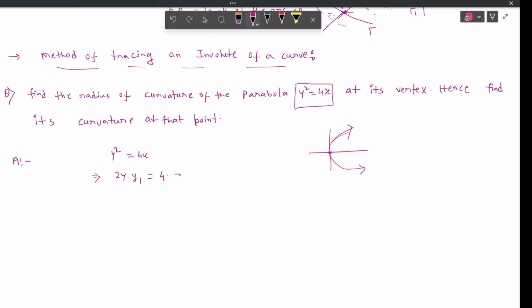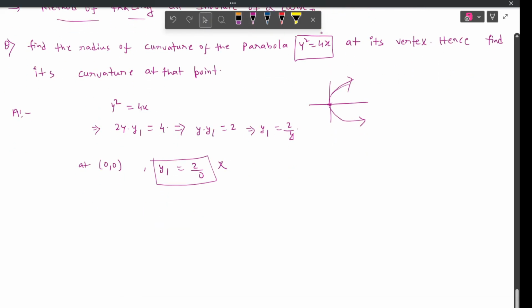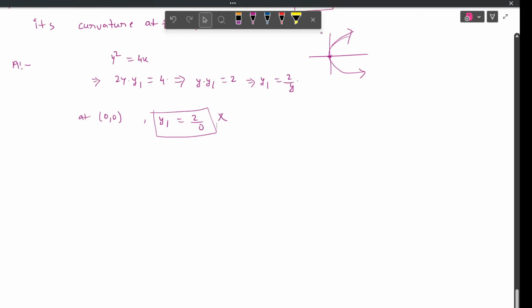So we can say y into y1 is 2, or y1 is 2 by y. So at (0, 0), y1 would be 2 by y0, right? In this manner it is not possible, because y1 would be infinite. So you have to go to the alternate formula.